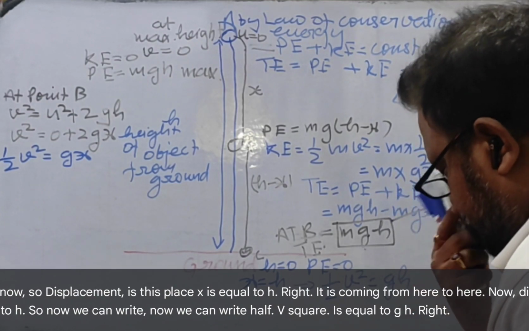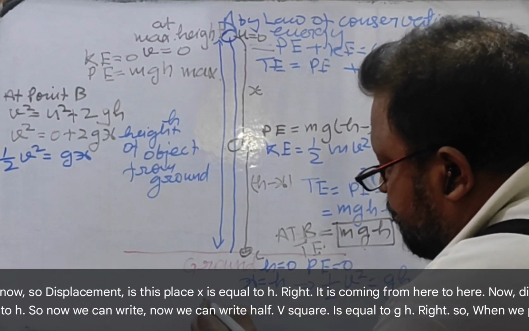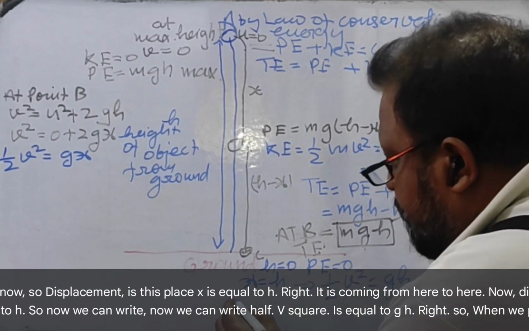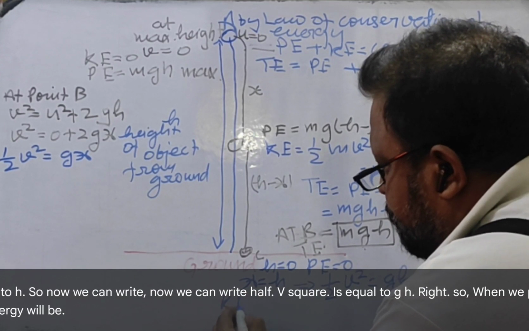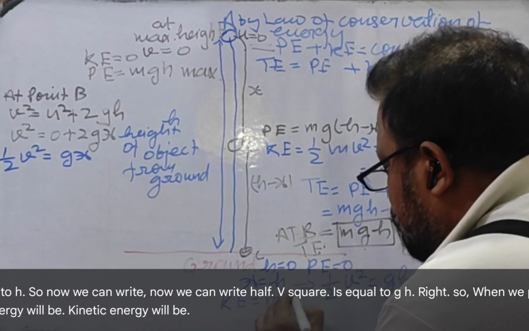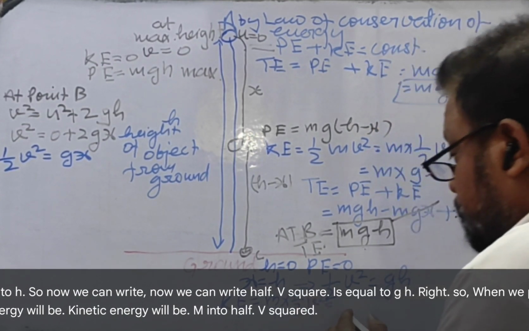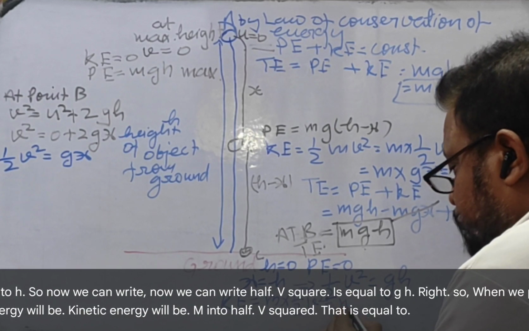So when we put it, kinetic energy will be m into half v square, that is equal to mgh.